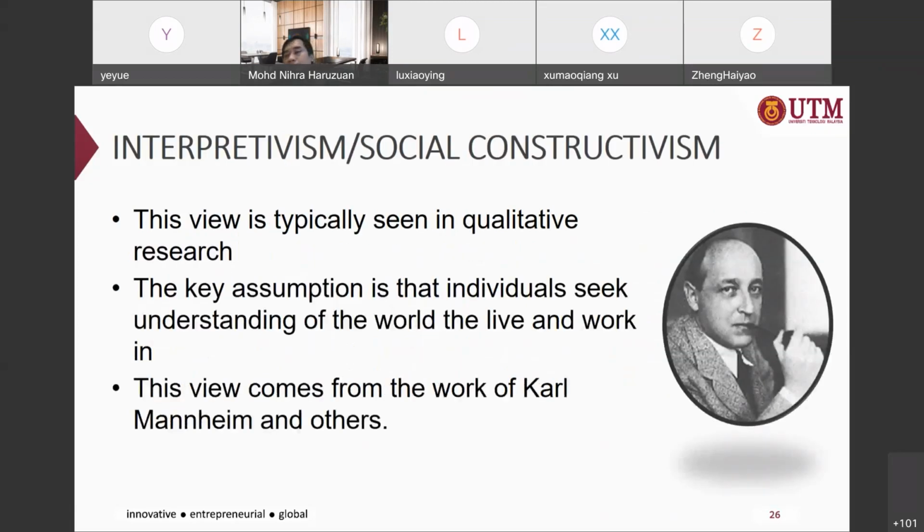How about interpretivism or social constructivism? This view is typically seen in qualitative research. The key assumption is that individuals seek understanding of the world in which they live and work. This view comes from the work of Karl Mannheim and others, the founder.